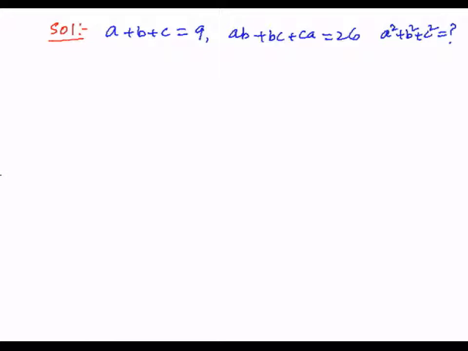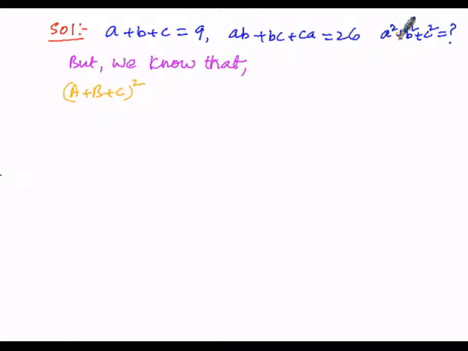Then now here we know that A plus B plus C value is given and he is asking us to find A square plus B square plus C square.